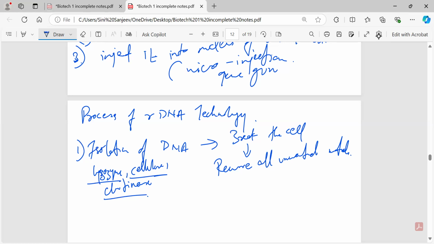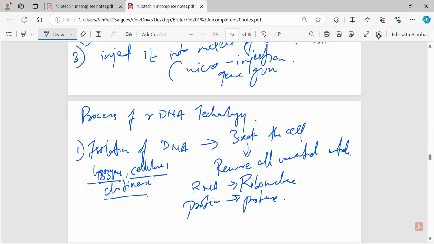After breaking the cell wall by using any of these, you have to remove the unwanted materials. If you want to remove the RNA, you have something called ribonuclease. That's the enzyme to remove the RNA, and for the proteins, it's protease.